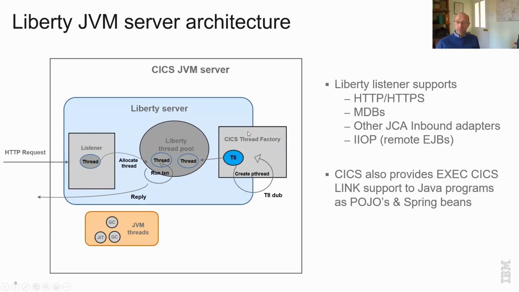Then we have our own CICS thread factory implementation, which augments the default thread factory that Liberty provides, and provides a set of CICS-enabled threads, which are created inside our thread factory. They're dubbed with a CICS TCB, the T8 TCB, and they're made available to the Liberty thread pool. Transactions are run on those, replies are sent out, and all that happens within the Liberty server.